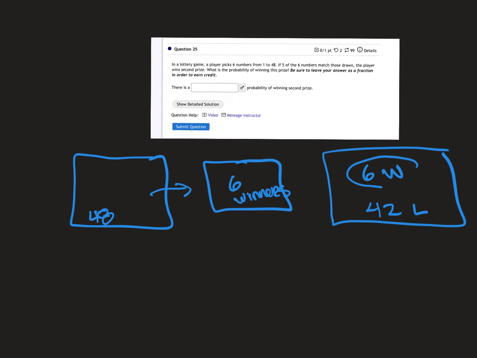Okay? And then you go and pick some. And in order to win second prize, you have to pick 5 winners. And then you pick 1 loser. So, of the 6 winners, you're picking 5 of them. You're not picking 1 of the winners. So this is kind of what a graphical picture might look like.